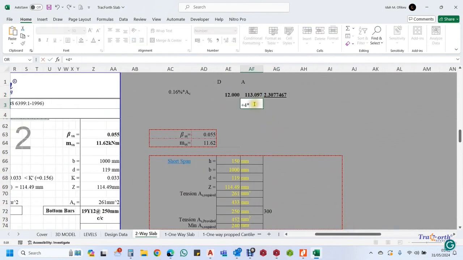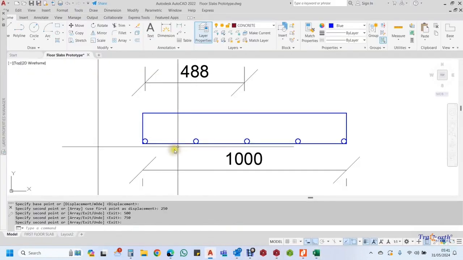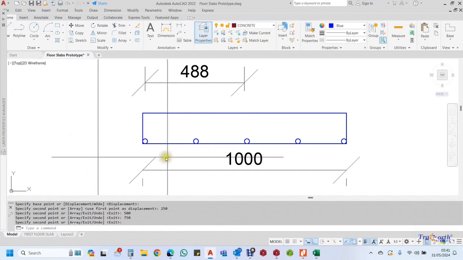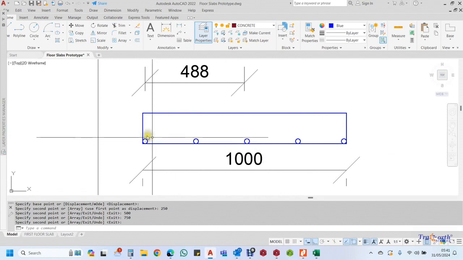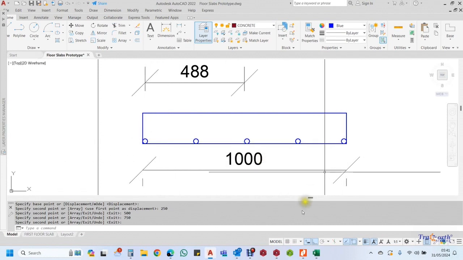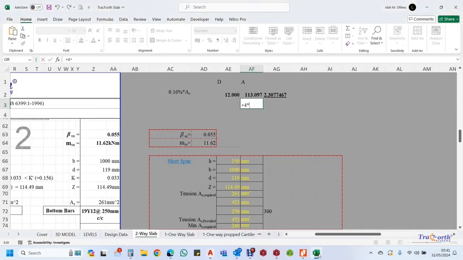By the time you provide that at 250 millimeters, you multiply to give us the area. In this case, how many spacings do we have? We have 1, 2, 3, 4. And this is with 5 bars. So if we check within this 1 unit, 5 times this, this will be the area.